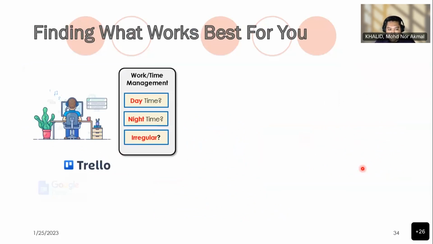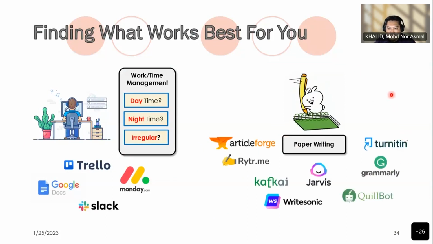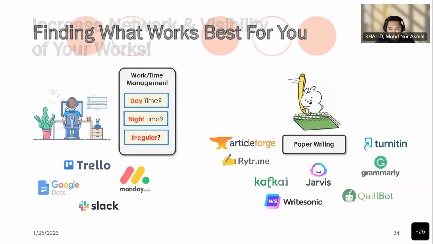For example, if you prefer to work at a specific time, focus on that, and use certain tools to improve the publication. For example, Turnitin to check for plagiarism, Quillbot to help you rephrase, and Grammarly to check for grammar and so on. If you try ChatGPT now, maybe it can help you as well. I tried it, and it was quite an interesting case study, I think.